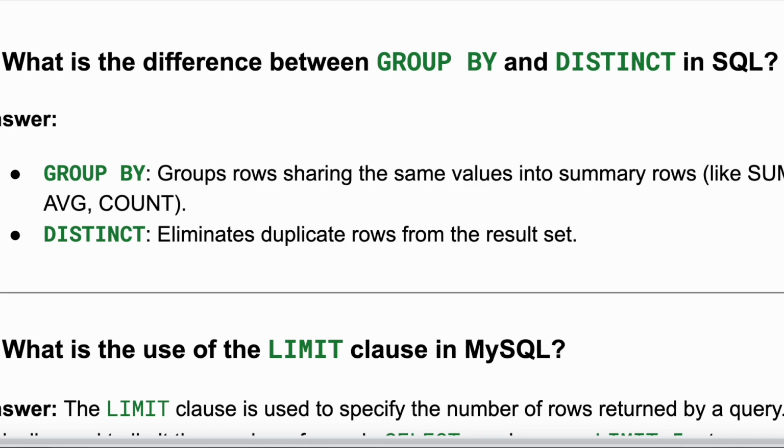And next is distinct. Distinct eliminates duplicate rows from the result set. Let's say you have a table with multiple duplicate values and you want to get only the distinct values out of that. In that case you can use the distinct keyword.